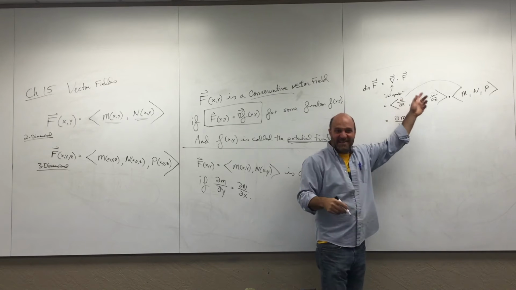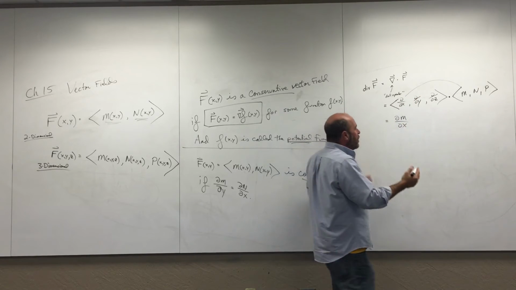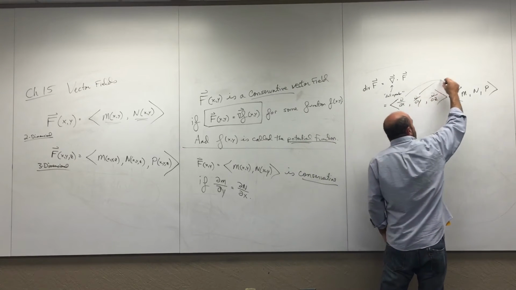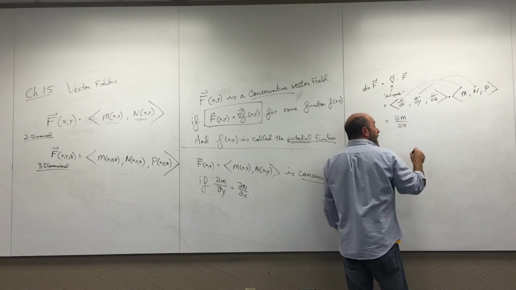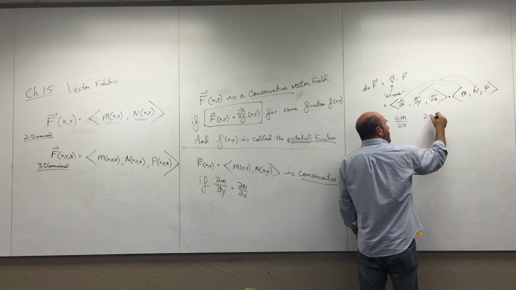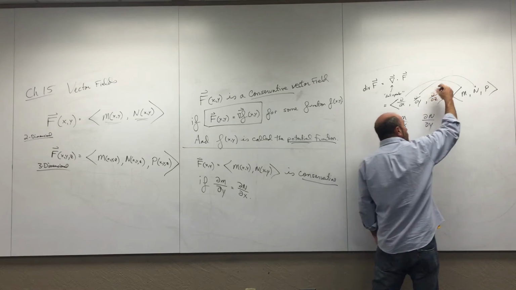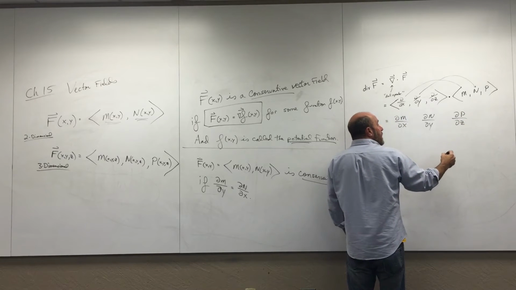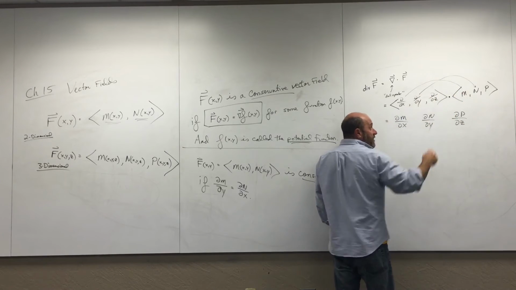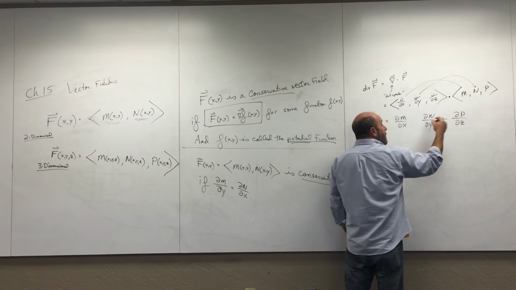Then the partial derivative of N with respect to y, and after that the partial derivative of P with respect to z. When you do a dot product, you multiply those and then you add them up.